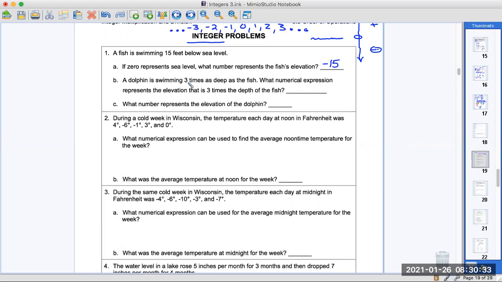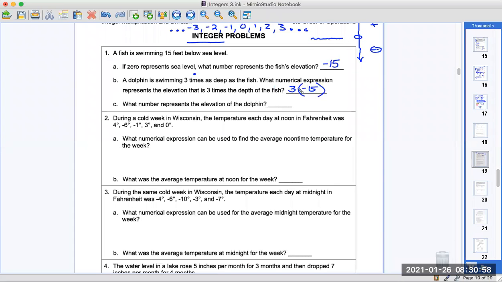A dolphin is swimming 3 times as deep as the fish. 3 times means it's multiplication, right? 3 times as deep as this. What numerical expression represents the elevation that is 3 times the depth of the fish? Well, it's 3 times negative 15.